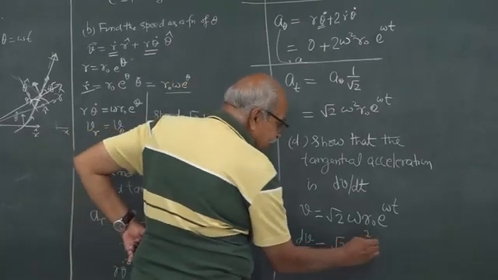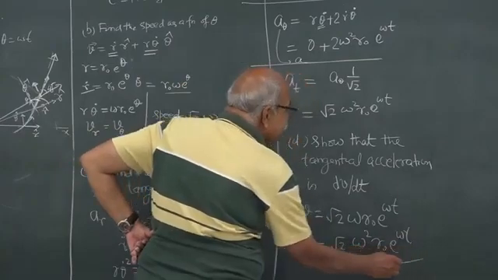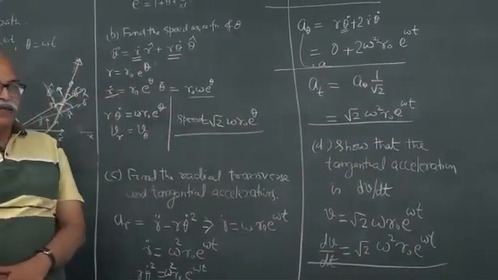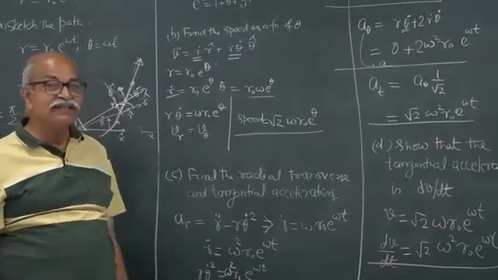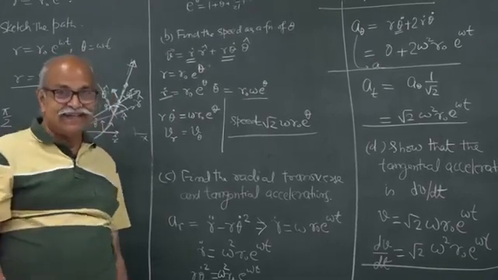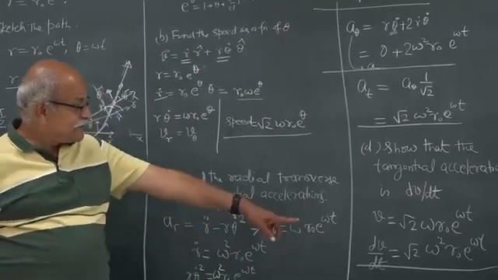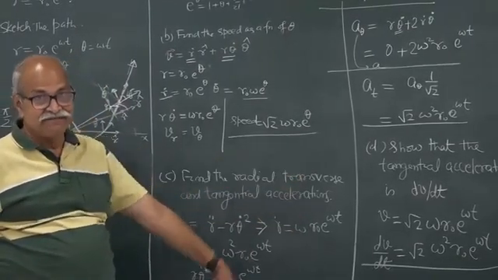So, omega square here, r naught here, and e power omega t here, and you match. So, even if the path is not circular, the tangential component of acceleration is given by dv dt, the rate of change of speed.